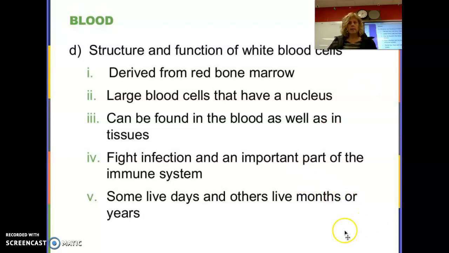So with white blood cell checking, they're looking at whether there's elevation or whether it's lower than it should be, because they can both indicate some pretty serious health problems. They're all over the board on how long they live. Some have very short lives, just a few days. Some live very, very long lives, months or even years. It depends on the job of that white blood cell.